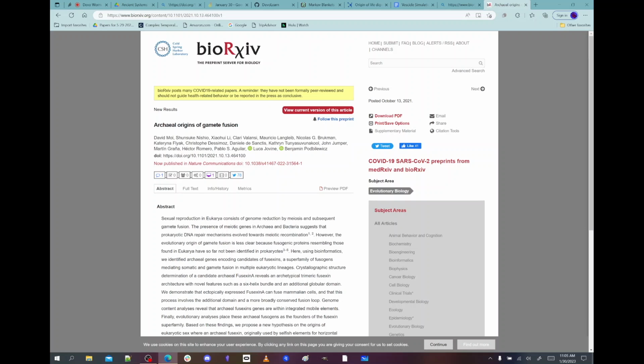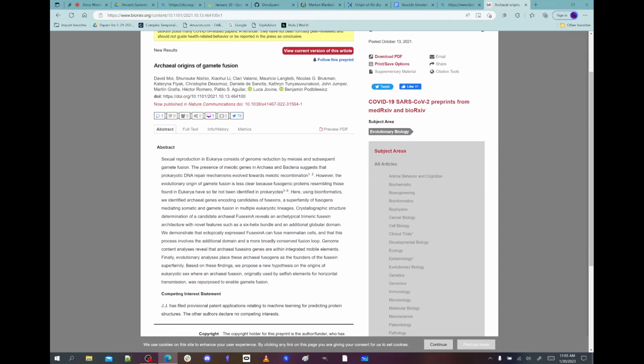And so if we go to the bioRxiv paper, we'll see that the title was Archaeal Origins of Gamete Fusion. So it talks about gamete fusion and its origins as a family of genes.